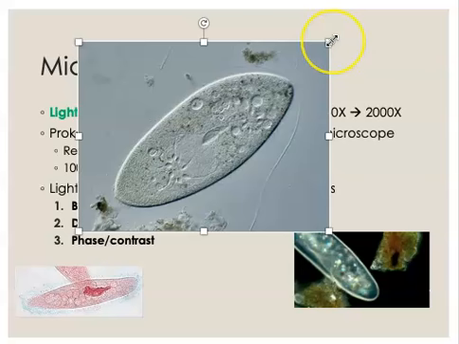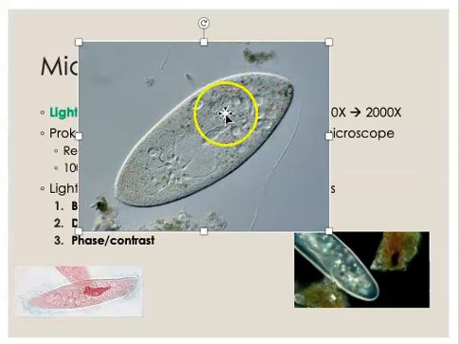Phase contrast is particularly helpful when we want to examine a living cell under the microscope. We want to look at a cell while it's alive. Sometimes we want to know if the cell can move under its own power.